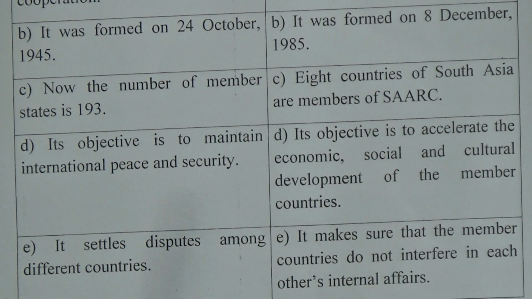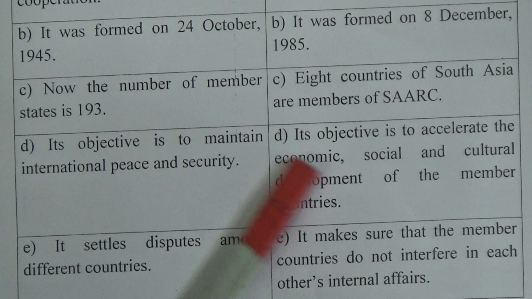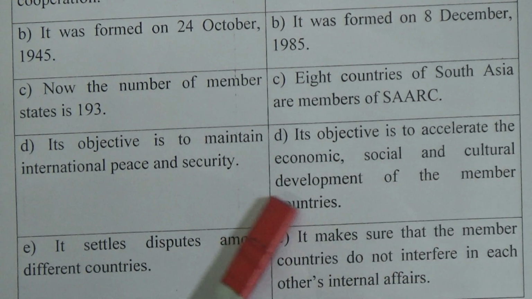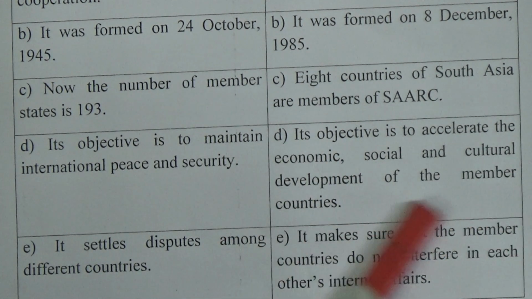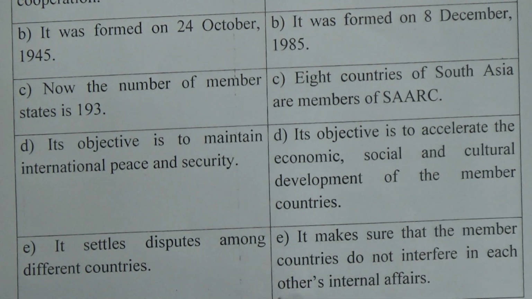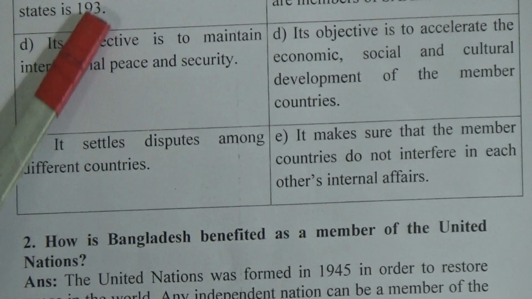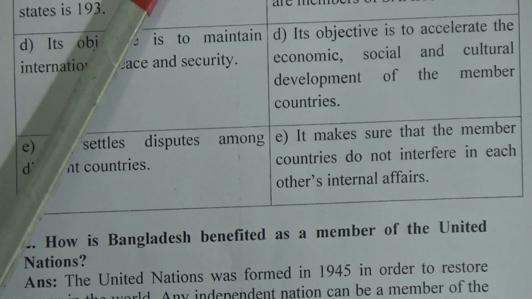Now the fourth difference, its objective is to maintain international peace and security, and its objective is to accelerate the economic, social and cultural development of the member countries. And the last difference, it settles disputes among different countries. It makes sure that the member countries do not interfere in each other's internal affairs. So these are the differences between the United Nations and SAARC.